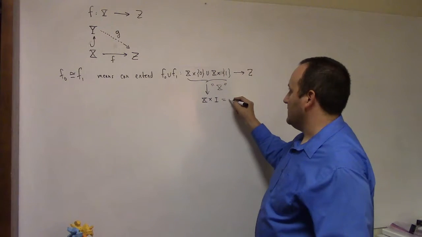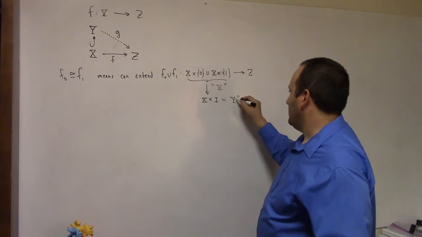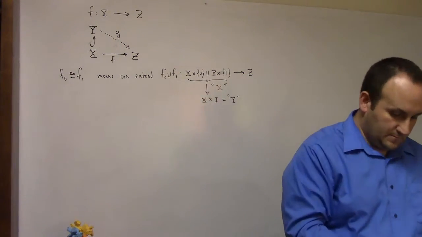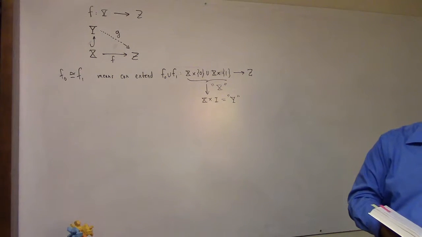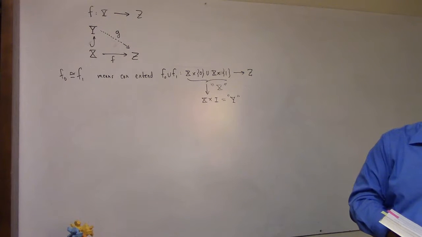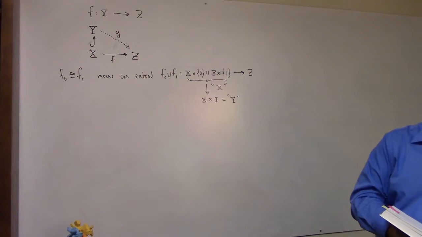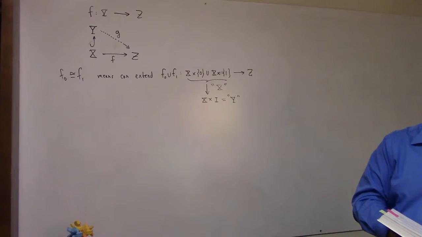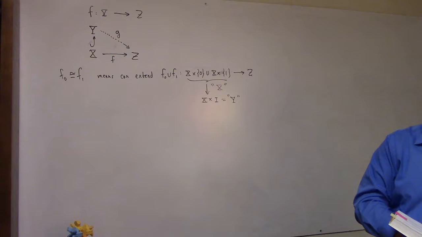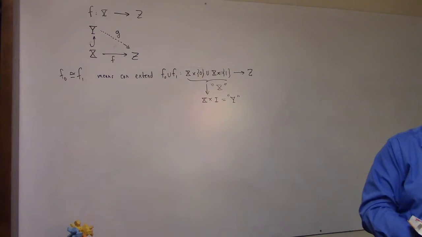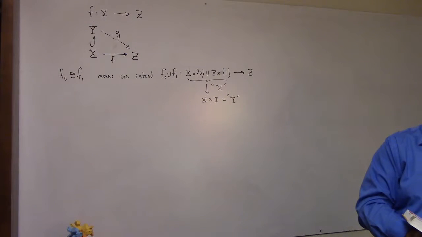And this is playing the role of Y in the diagram. So I suppose, is it fair to say that if F naught is not homotopic to F1, such an extension can't exist? At least not a continuous extension.